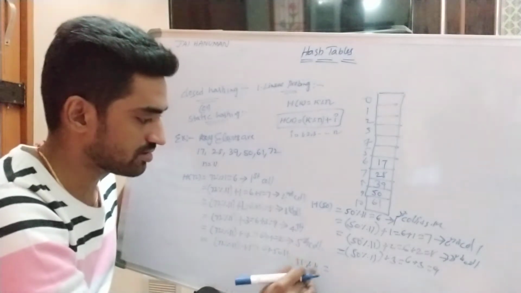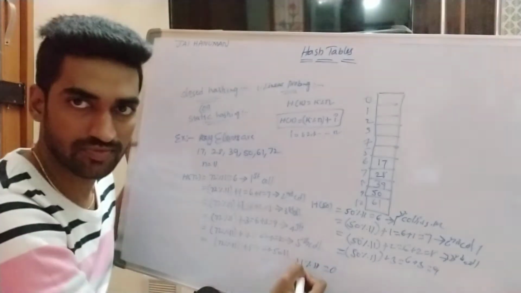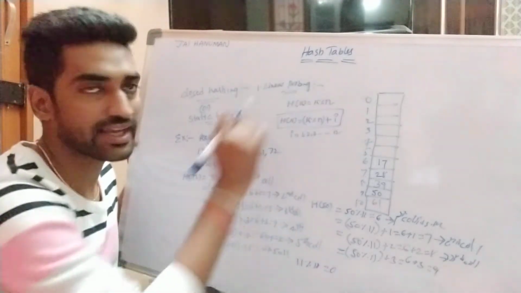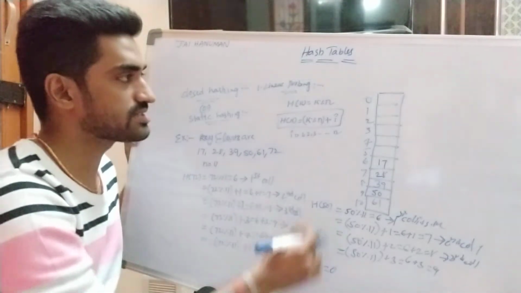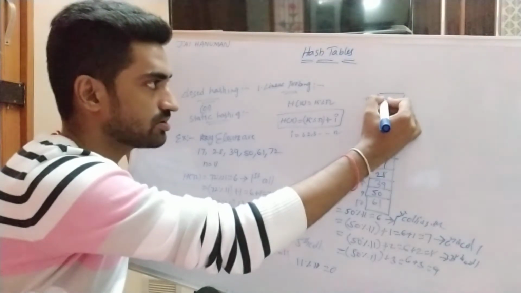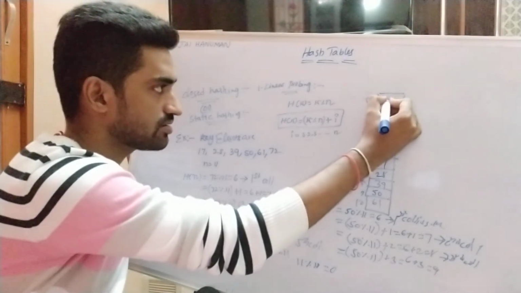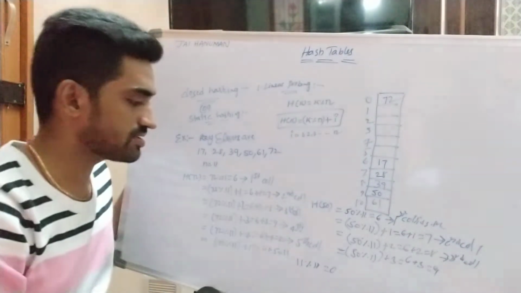Right? So here 11 modulo division of 11. So here 0. So 0th position is vacant position. So that's why 72 element is placed at 0th position. So 0th position is occupied by 72.